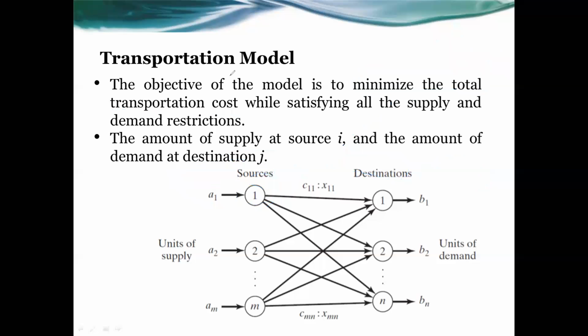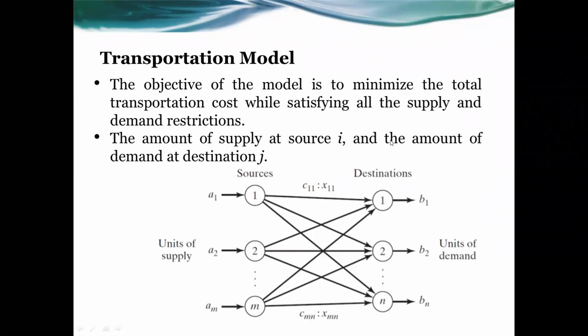Therefore, we develop this management science approach to find the most effective distribution channel, where we can satisfy our supply and demand in order to minimize the total transportation cost. So that is the basic concept under the transportation model.